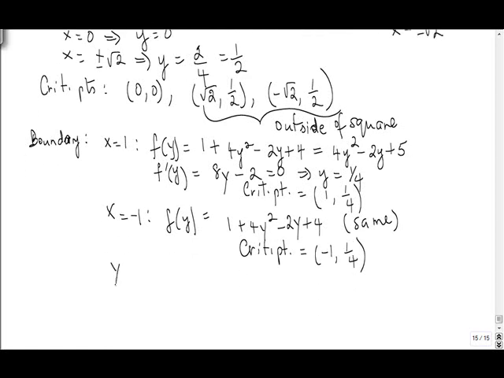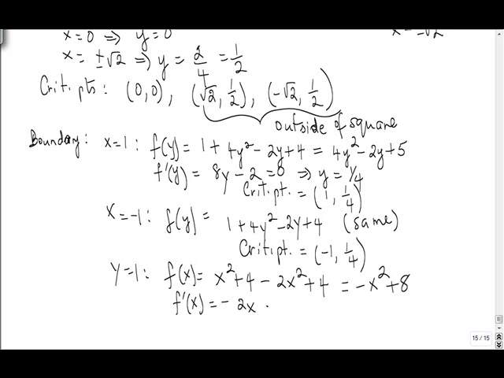Next line. Let's do the y's. y equals 1. f of x equals x squared plus 4 minus 2x squared plus 4, which is equal to minus x squared plus 8. Find the derivative.